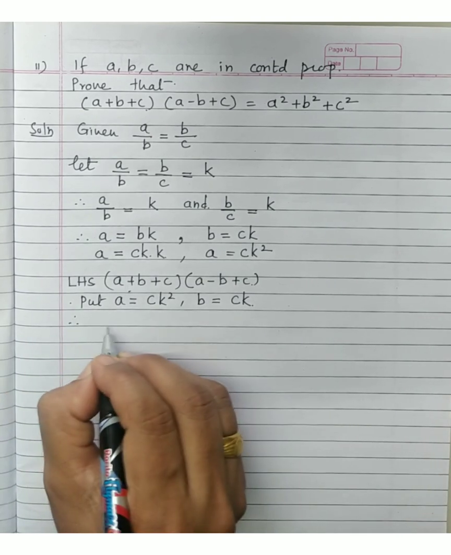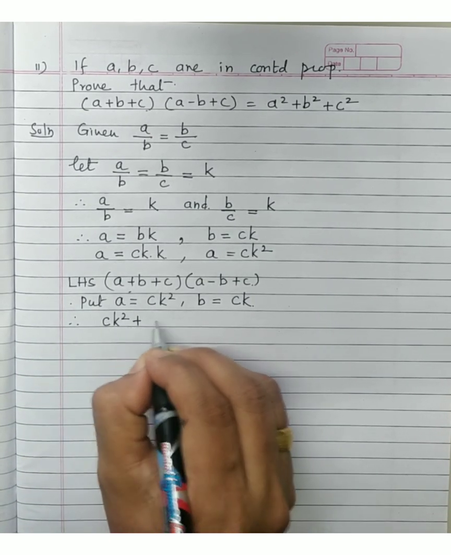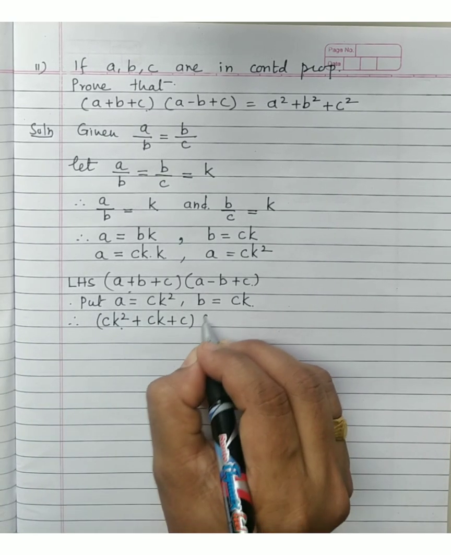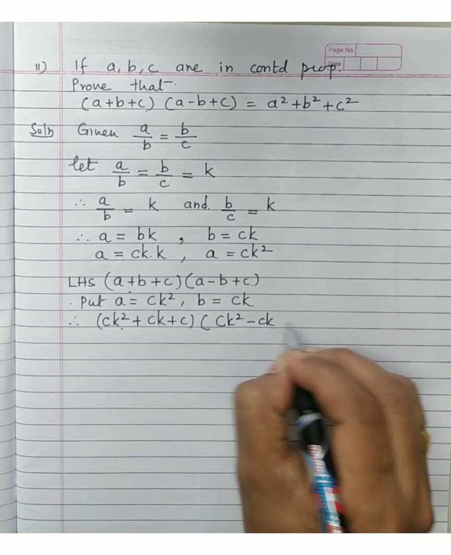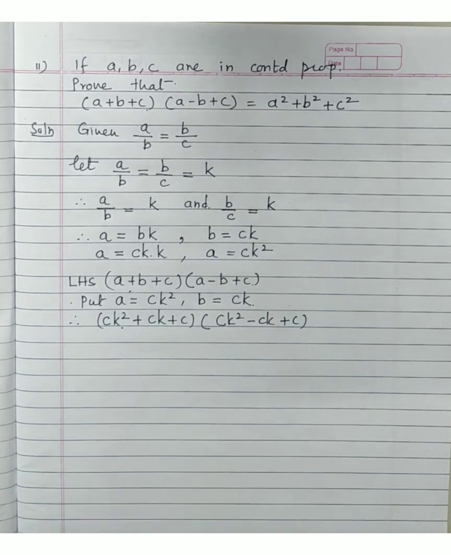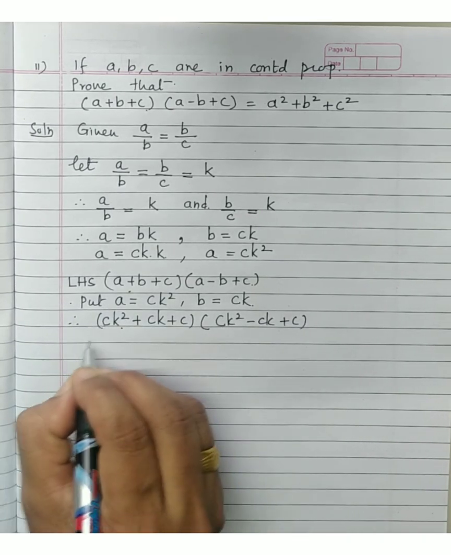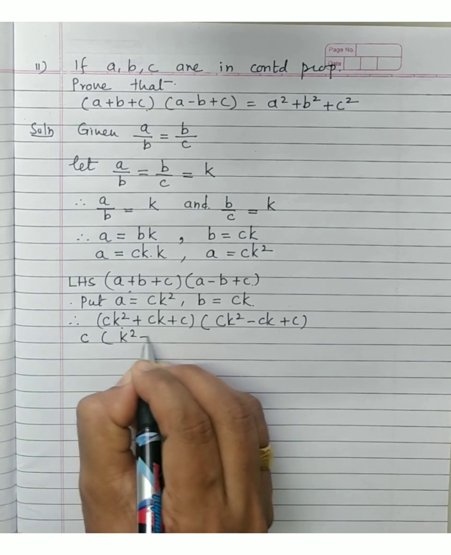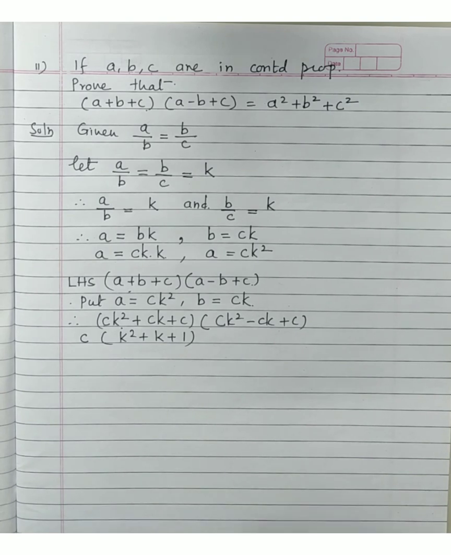Then what happened? (CK square plus CK plus C) first bracket, (CK square minus CK plus C). What is common? Both brackets, C is common. So from here when I take C common, what is left? K square plus K plus 1, right?